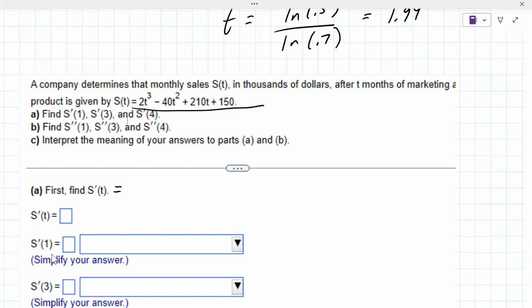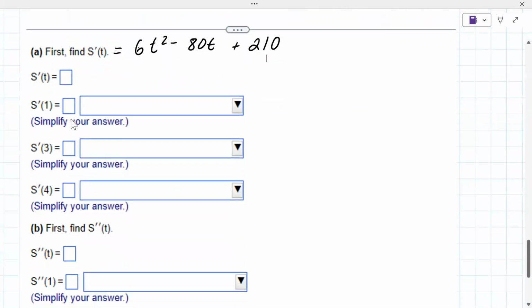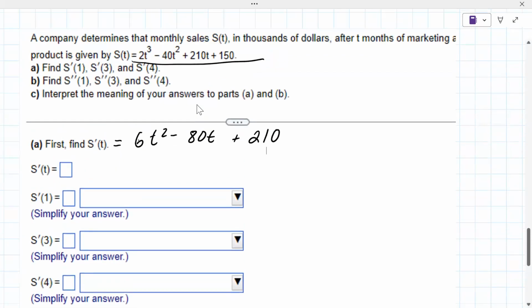All right, how are you doing on the derivative? I got 6t squared minus 80t plus 210. Good. The next parts are to evaluate at one, and I'm guessing the dropdown are the units. So it would be thousands of dollars per month squared.